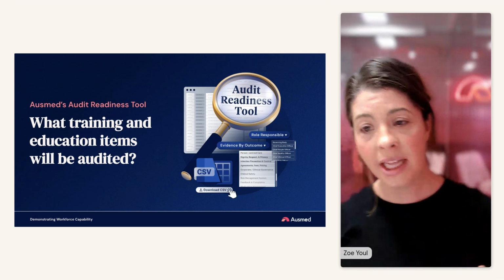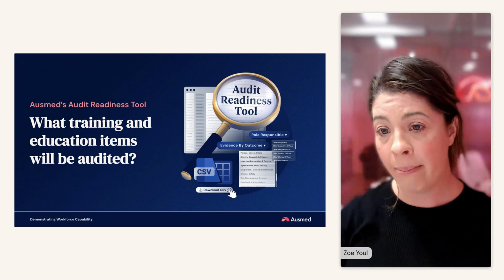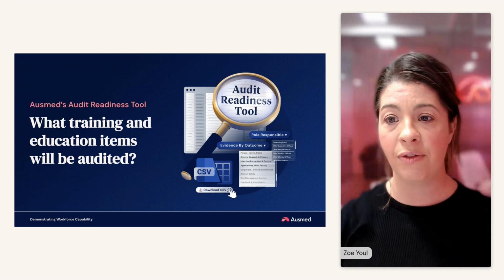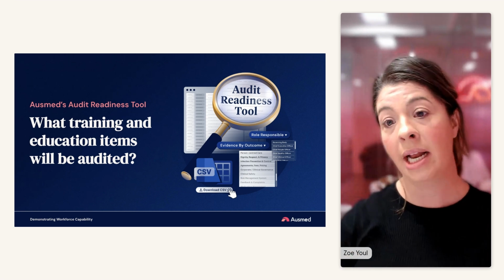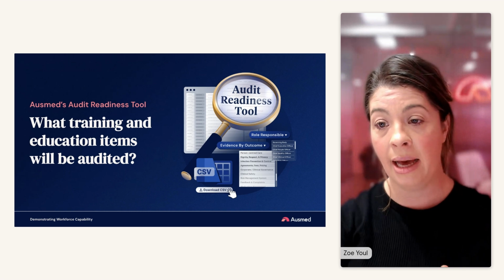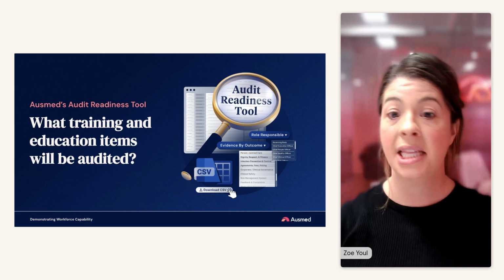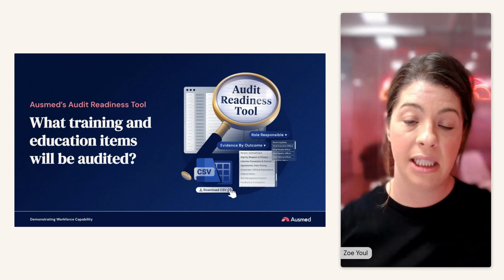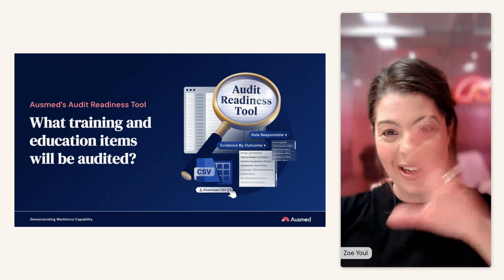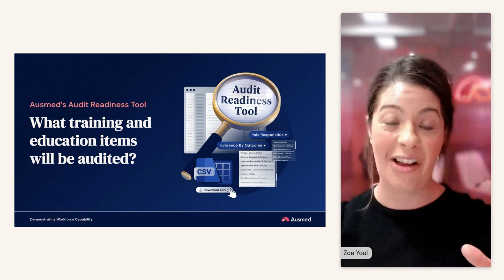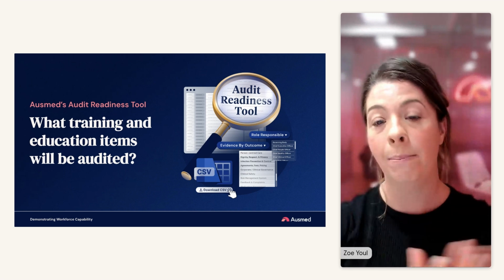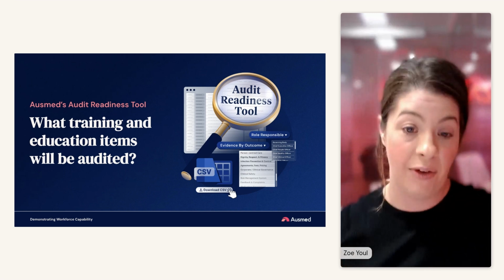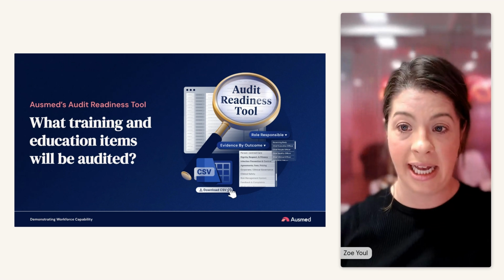So what it is, for those of you that may not be aware or have used it, it's a tool to identify what evidence items might be requested during an audit, and they're taken directly from the Commission's audit tool. So the evidence mapping framework, we've taken, I can't remember how many hundred PDF pages and popped it into a really helpful spreadsheet. So really encourage you, if you haven't got a copy, to request that.